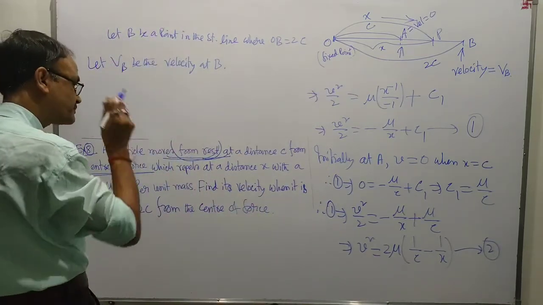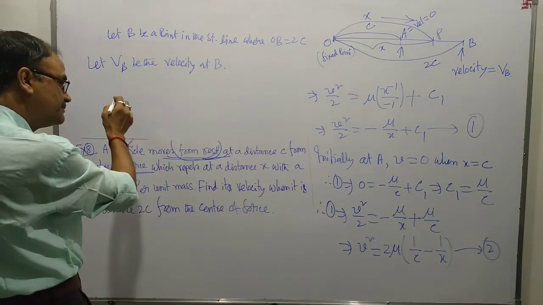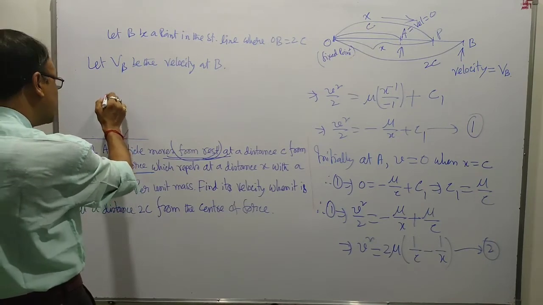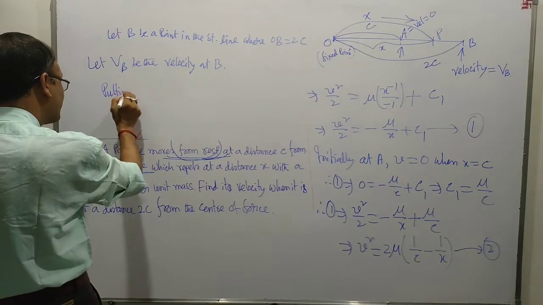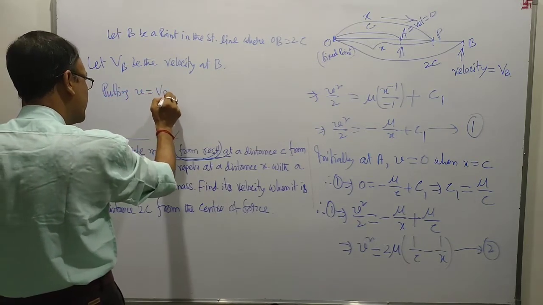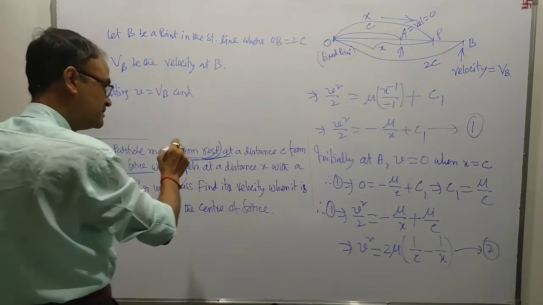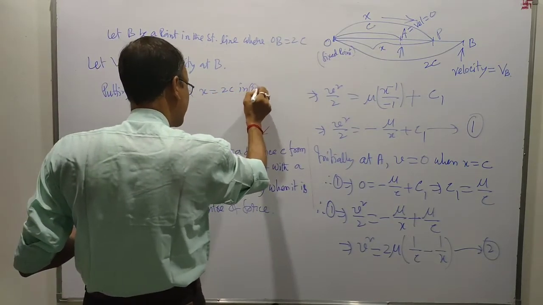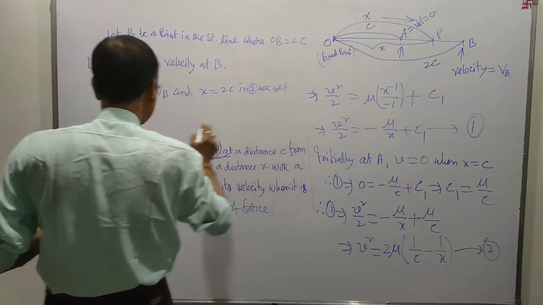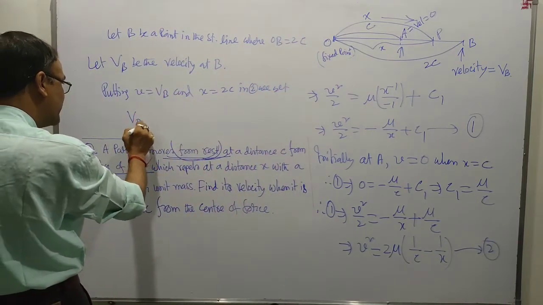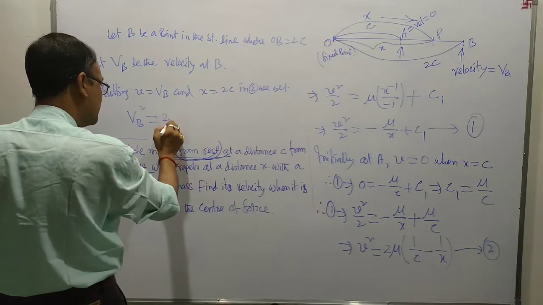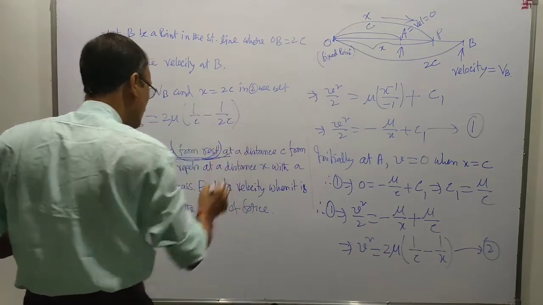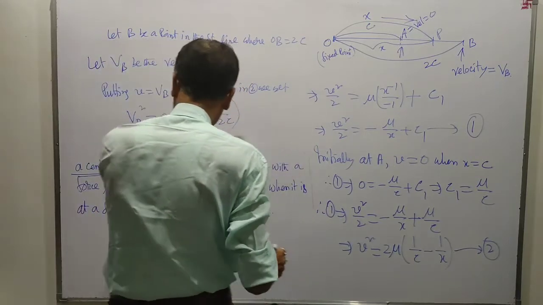Therefore, putting v equal to VB and x equal to twice c, we get VB square equal to twice mu into 1 by c minus 1 by twice c.